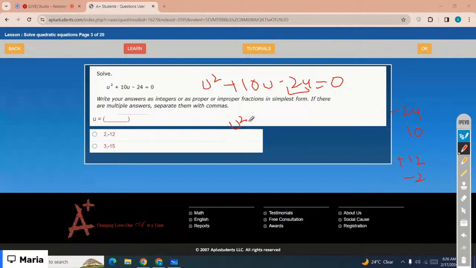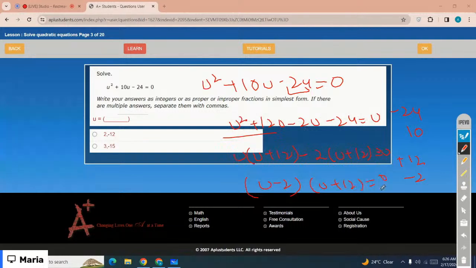That is u square plus 12u minus 2u minus 24 equals 0. From here you have u common, u plus 12, from here you have minus 2 common, u plus 12, right? So that is u minus 2 and u plus 12 equals 0, right?